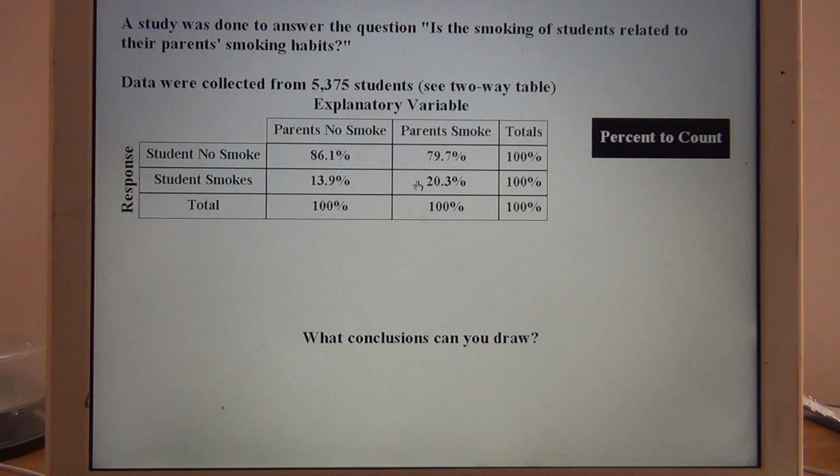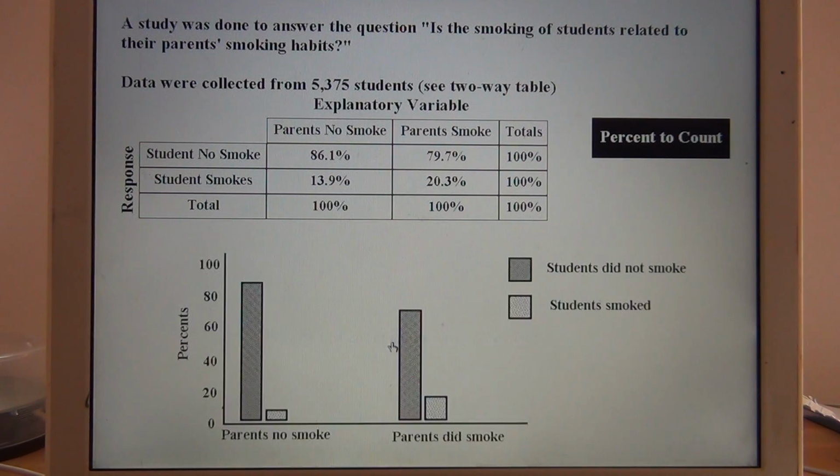Well, what conclusions can we draw from that? That's a little tricky looking at that data, but suppose we represented it like this in a graph. Here we have parents who did not smoke, and this is students who did not smoke, and this is students who did smoke. Here we have parents who did smoke, and this is students who did not smoke, and students who smoked.